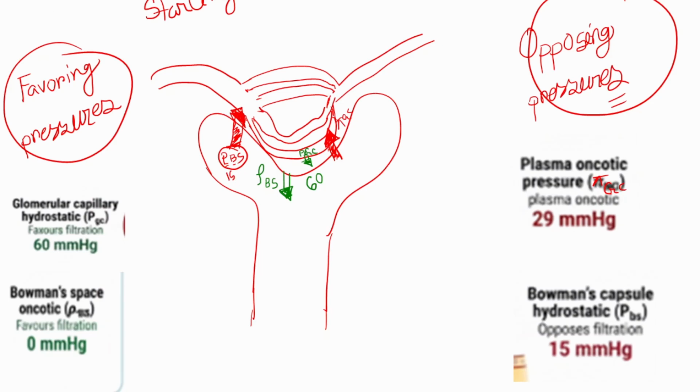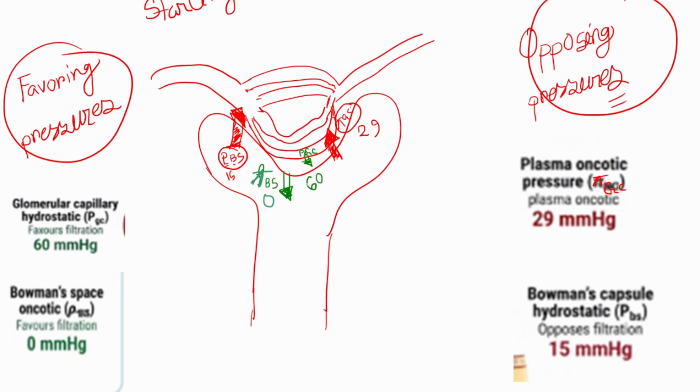Next, we locate the plasma oncotic pressure, written as pi GC, which represents the osmotic pull of trapped proteins retaining water inside the capillary, measured at 29 millimeters of mercury. Finally, we position the Bowman space oncotic pressure, written as pi BS, not rho, pi BS, which is normally 0 millimeters of mercury because proteins are excluded from the filtrate.